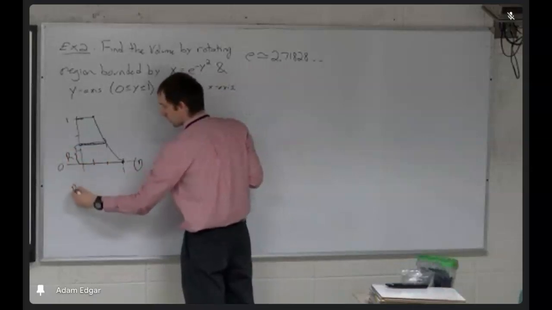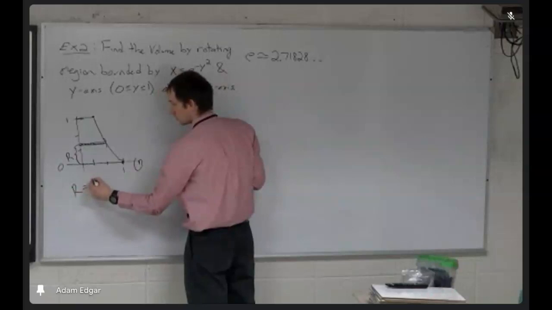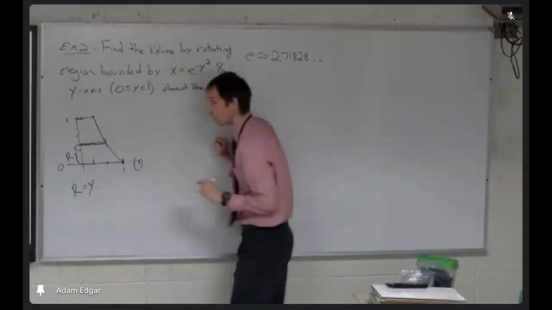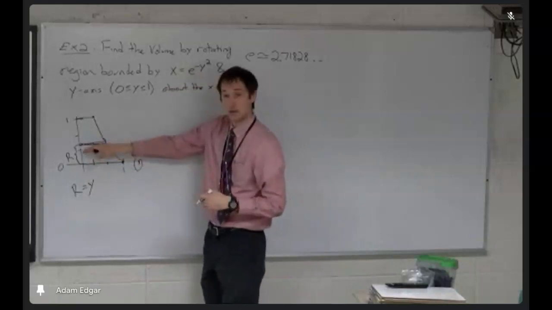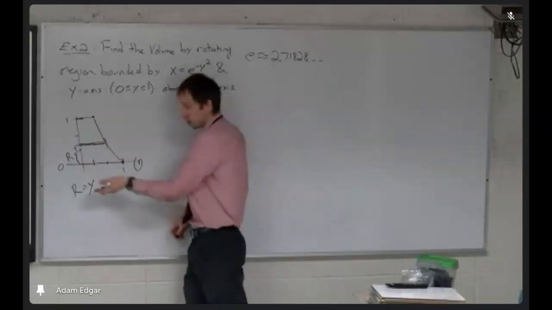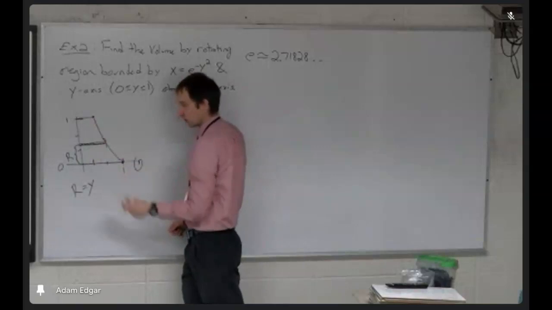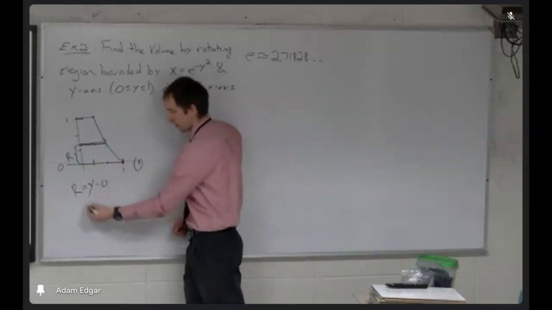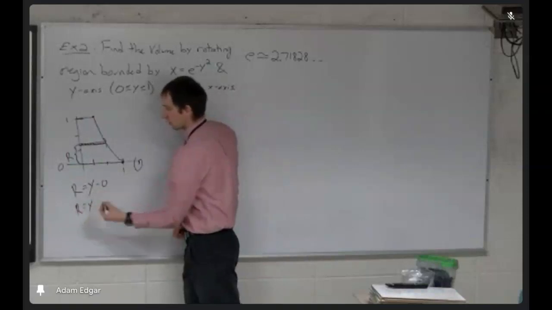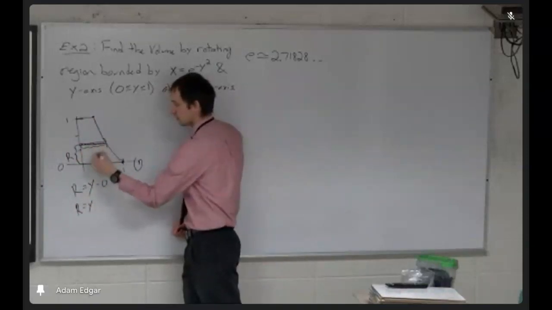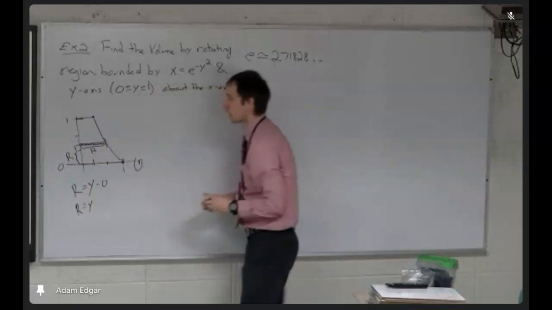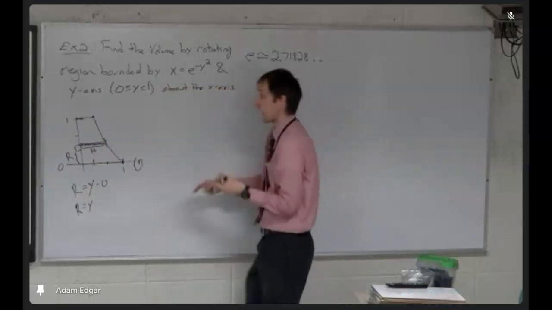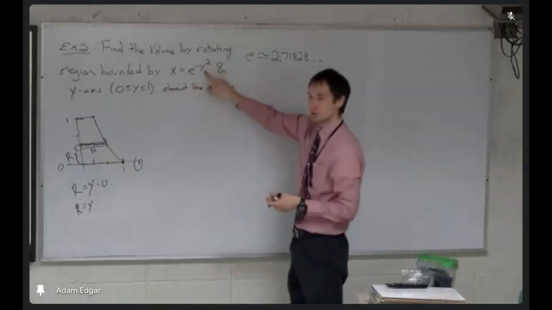R equals y minus 0, because now this is just a location along the y-axis, so we're some height along the y-axis. That's how far we are from the axis of rotation. Y minus 0 is y. Our height is this thing, and because we're in terms of y, our height is the function.